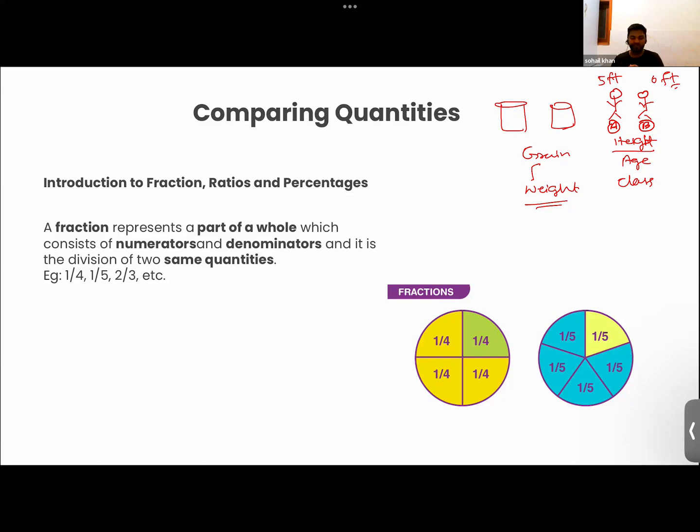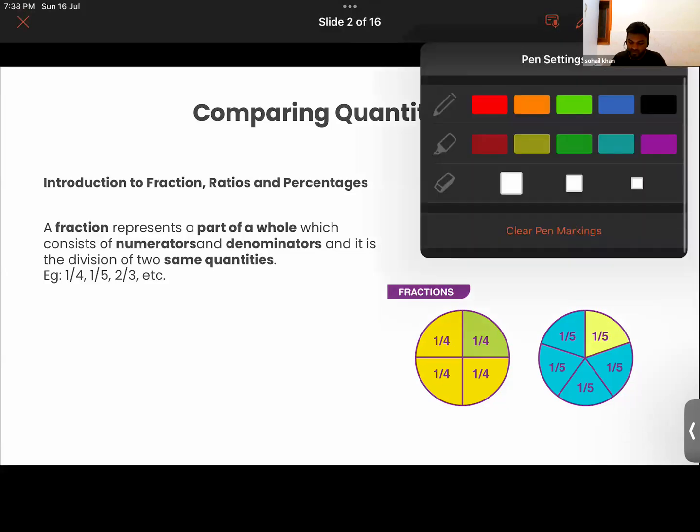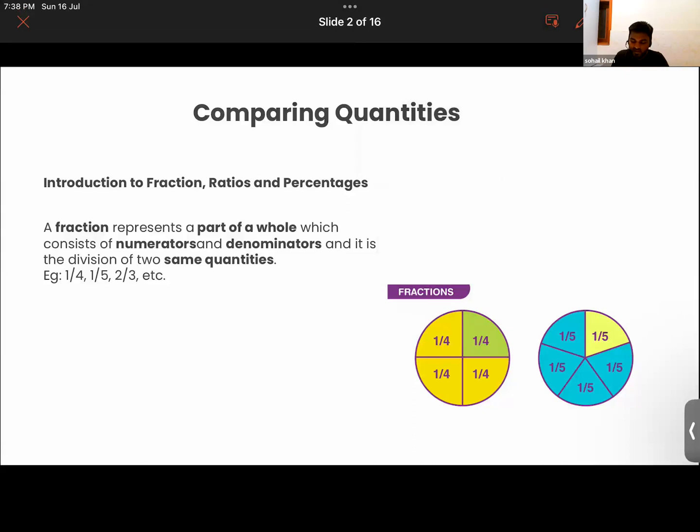See, if you are provided with two quantities here, let's say Raman's age is 15 years, and there's a boy, Rohan, whose age is 25 years. If you were to compare the age of the two, how do we compare it?